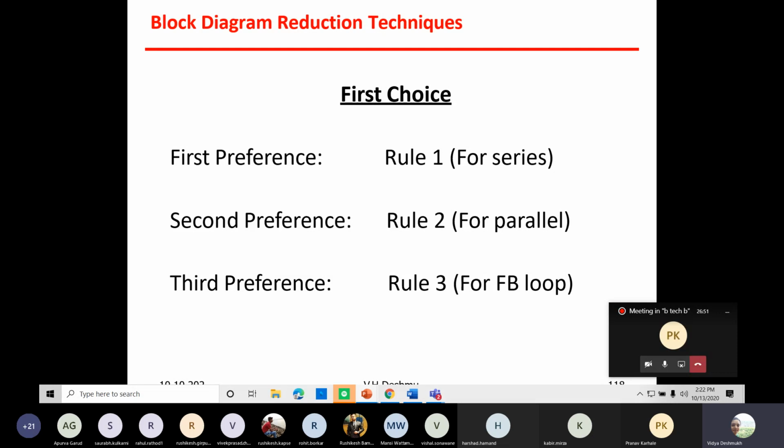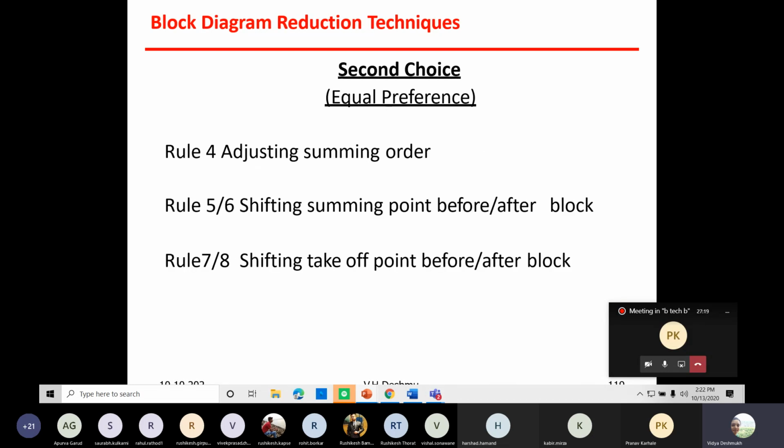So we prefer rules 1, 2 and 3 first, and if these are not applicable, then we think about the next rules: shifting of the summation point and the takeoff point, before the block or after the block.